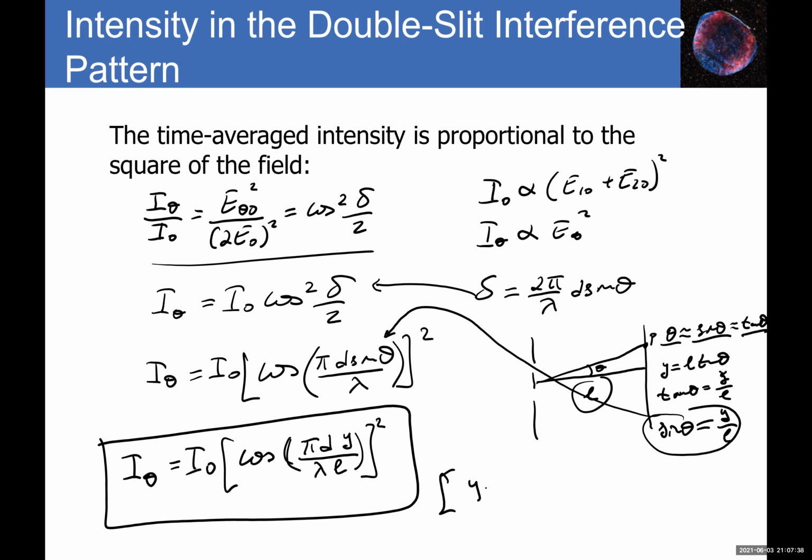That means y is much smaller than L. And also d is much smaller than L. This d, the distance between the slits, is very small compared to the length L, because we assume the slits and the screen are on average around a meter, maybe a meter and a half apart, while the distance between the slits is in millimeters or micrometers, and the same with the vertical position y. So they are always much smaller than a few meters for L.